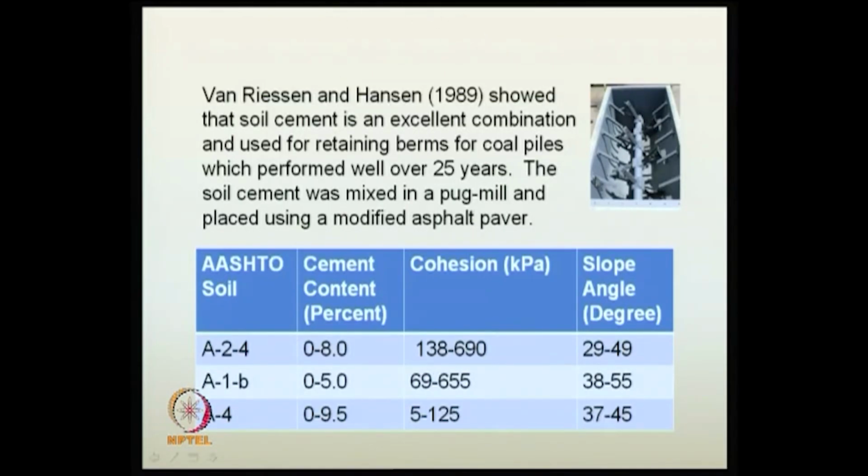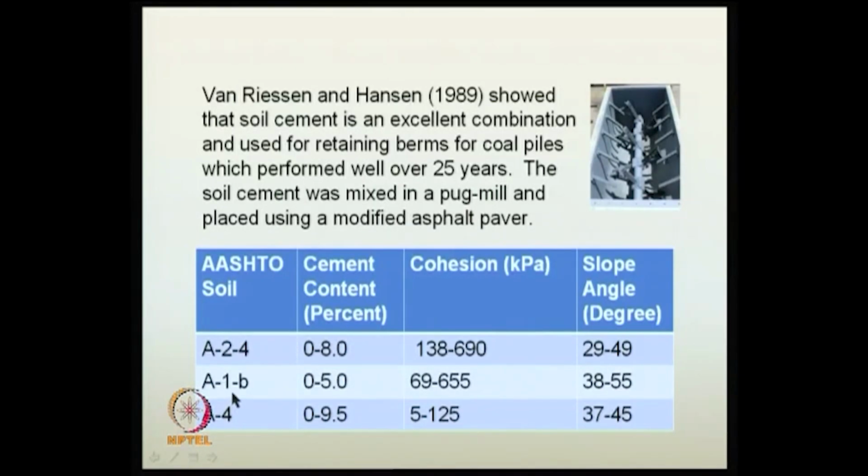Because their objective was to pile or store this coal ash material properly, they were able to use slope angles of 29 to 49 degrees. Originally it was 138 kPa, and it increased to 690 kPa, and the slope angle at which they were able to store increased from 29 to 49.